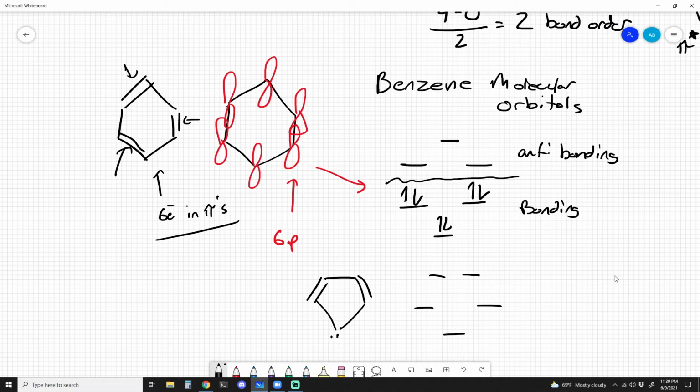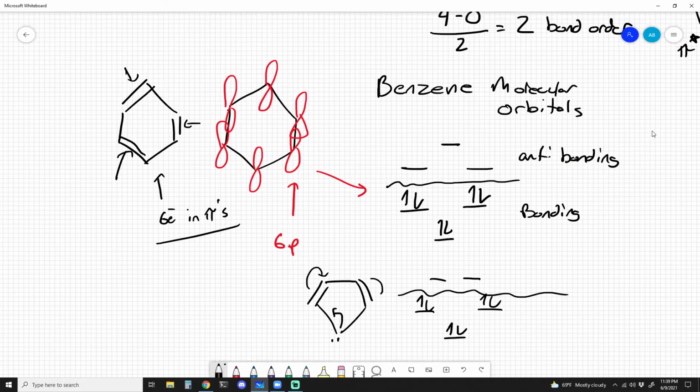And so there's resonance around here where you can just rotate that around several times. We still have 6 electrons. Those are all your bonding electrons. And so you can use these molecular orbitals to describe these neat multi-atom aromatic compounds.